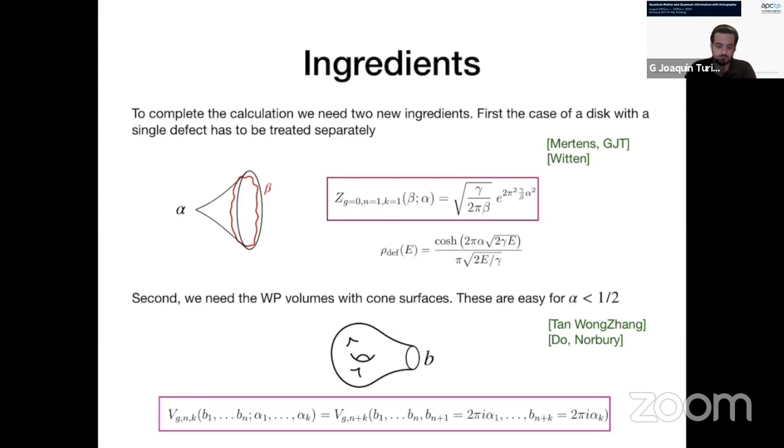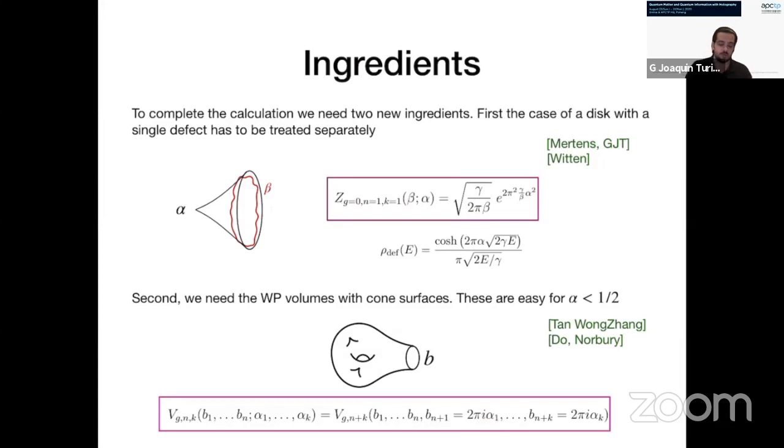And then you need the volume, as I mentioned, with defects. This is a result that in this range was shown in these two papers: all you need to do is replace a defect by a geodesic boundary, and then analytically continue in the length. For each geodesic boundary that you add instead of a defect, you replace b by 2 pi i alpha.